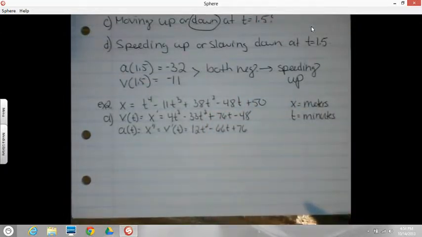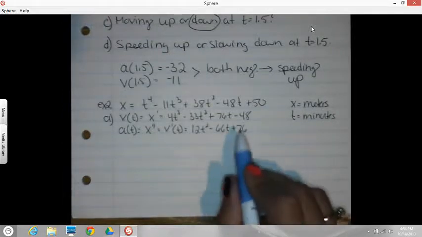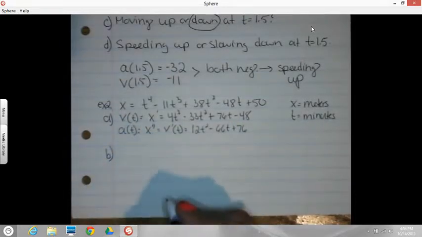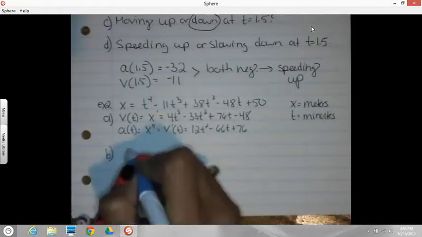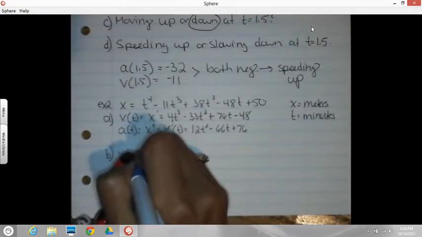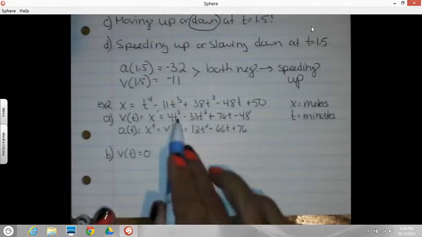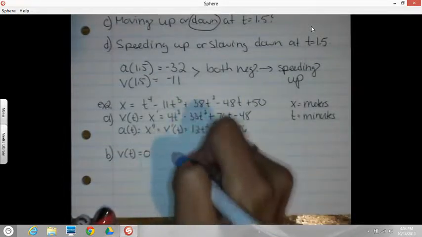Okay. Find all values of t for which the velocity equals 0. So we want to know, when does the velocity equal 0? So you are going to set this equation equal to 0.